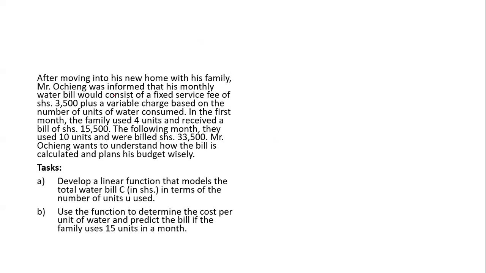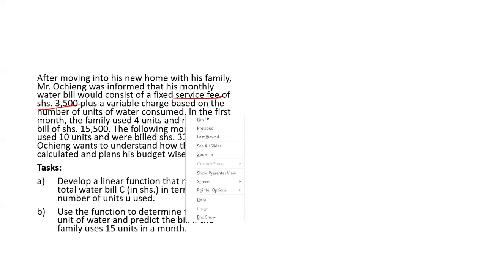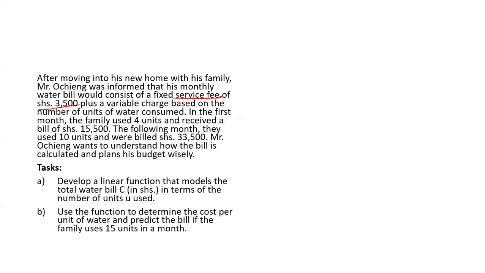So they have told us that after moving to his new home with his family, Mr. Ocheng was informed that his monthly water bill would consist of a fixed service fee of 34,000 plus a variable charge based on the number of units of water consumed. In the first month, the family used 4 units and received a bill.